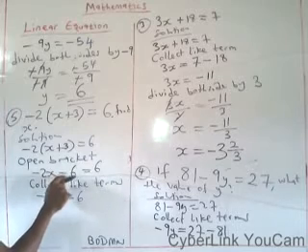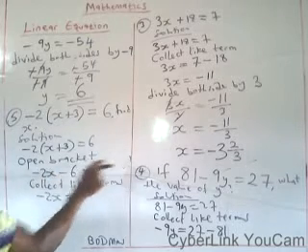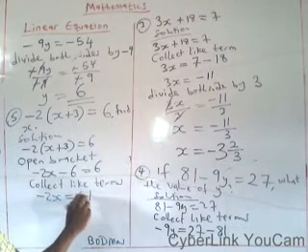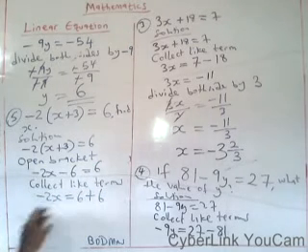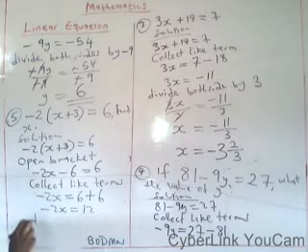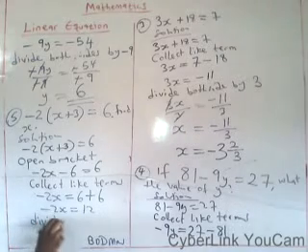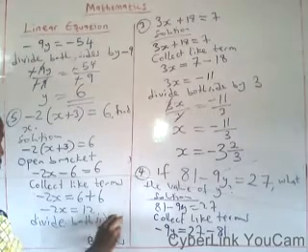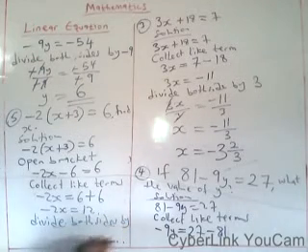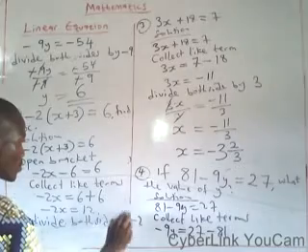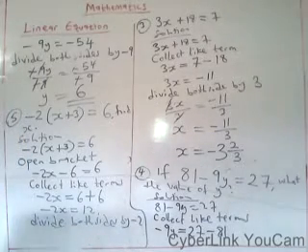Minus 2x plus 6 equals 6. We want to carry this plus 6 to the other side. Here it is plus. When crossing the equality sign, it's going to change to minus. Now we have minus 2x equals to what? 0. Now divide both sides by what? That is going to be by minus 2.